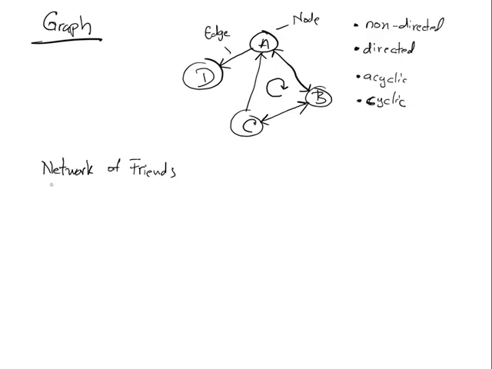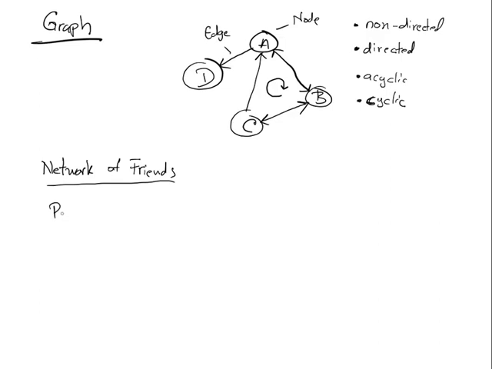If you are Facebook users, or I guess MySpace as well, or any kind of social networking site, there's a concept of you, and then a concept of friends, and you have that relationship between one another.